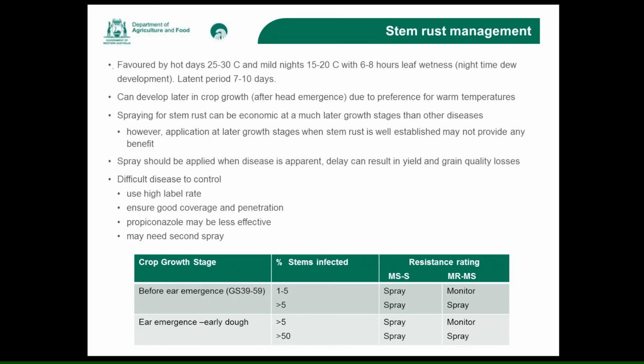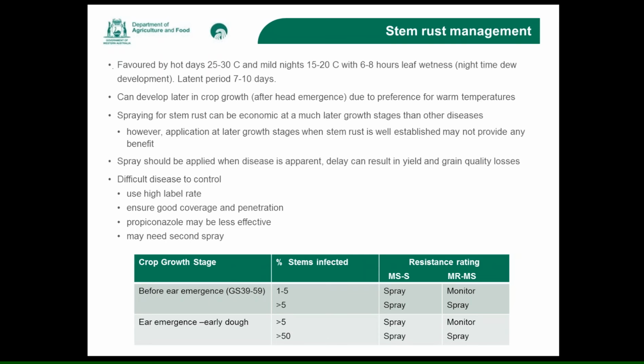Leaf rust is about the same, about 7 to 10 days. So we're seeing a turnaround under optimum conditions of around a week in terms of a life cycle. Stripe rust is slightly longer, of around 10 to 14 days, but certainly with leaf and stem rust, as the temperature's warm, just over a week sees a complete life cycle.